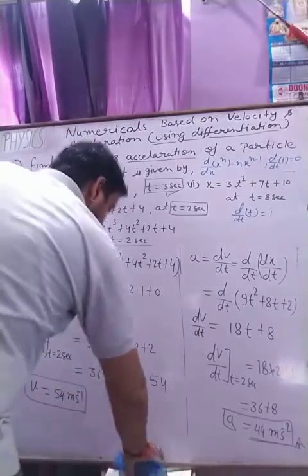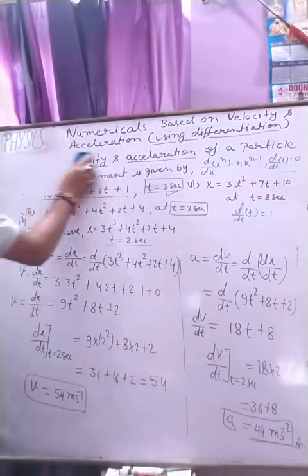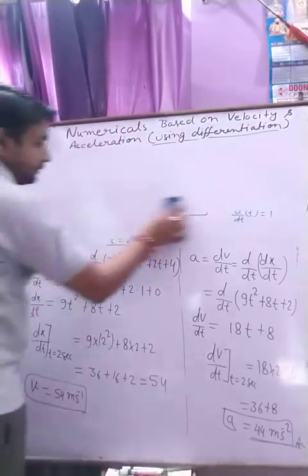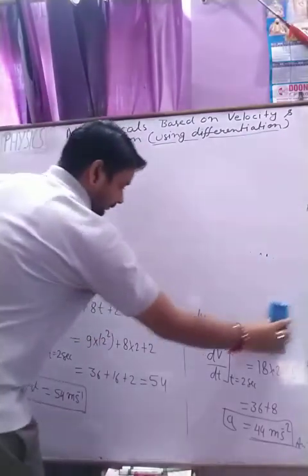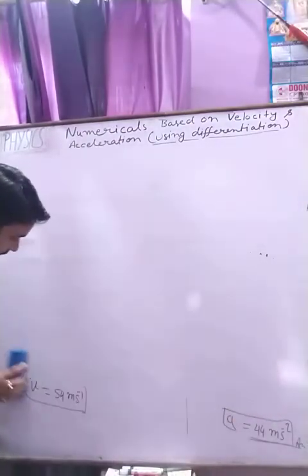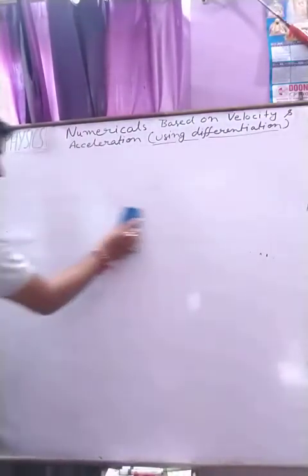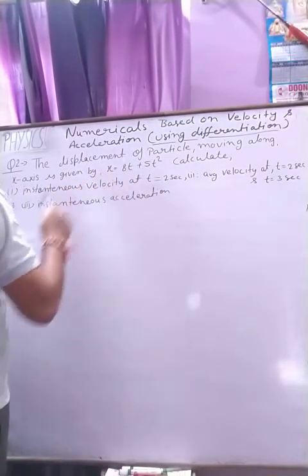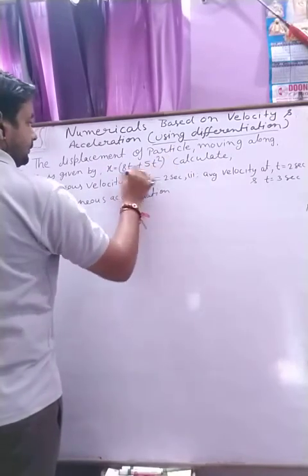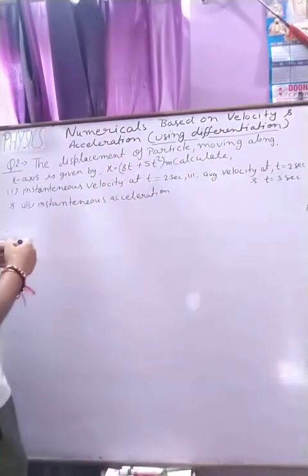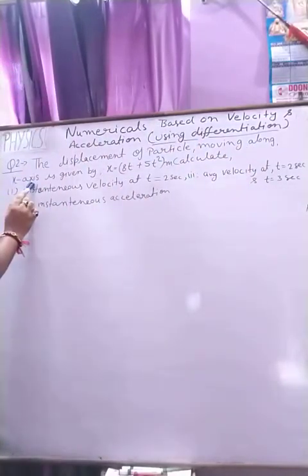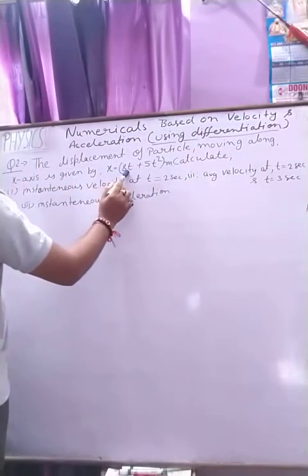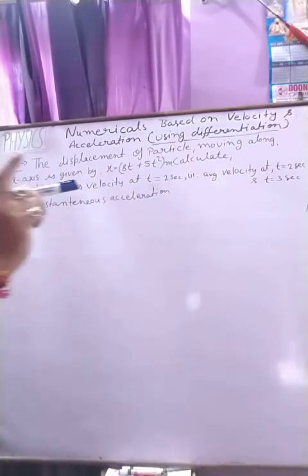Okay, now we are taking another numerical. Okay student, next we have a numerical, the displacement of a particle moving along x-axis is given by x equal to 8t plus 5t square in meter.